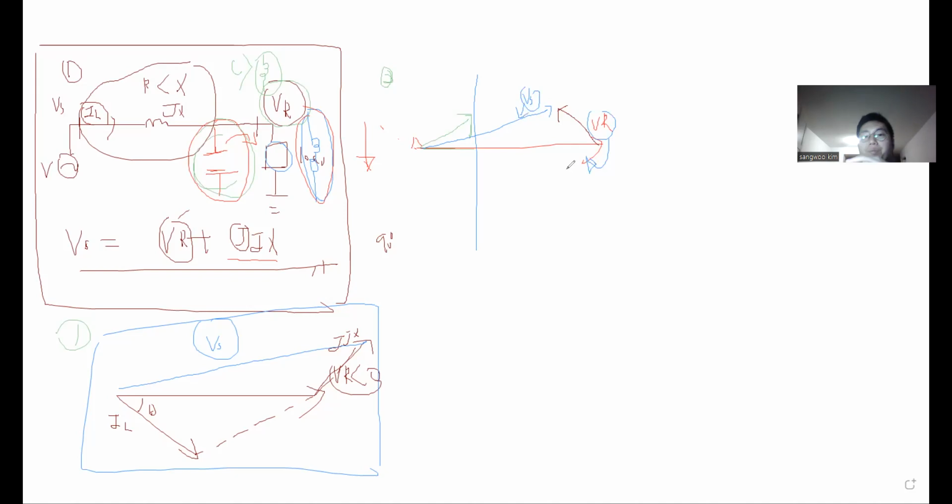What happens is the VR voltage magnitude is higher than VS. We could see this length, right? So VR is higher than VS. What happens at this time? It could damage the load part, and this situation is not good, a penalty effect. You know what I mean? So we want to avoid this situation.